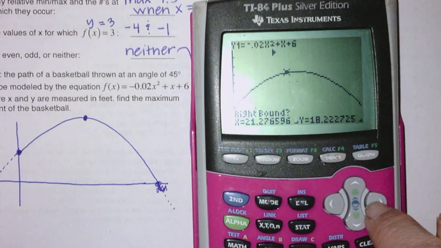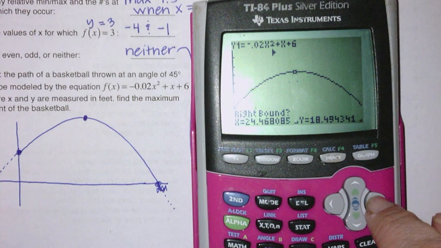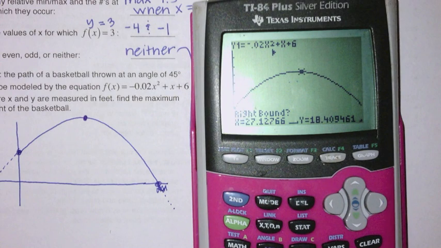They're increasing, increasing, still increasing. We're at 18.49, 18.5, oh, back to 18.49. Now I'm starting that descent, so I'm to the right, so I'll hit enter again. Would you like me to guess? Yes, please, enter. It says x is 25 and y is 18.5.